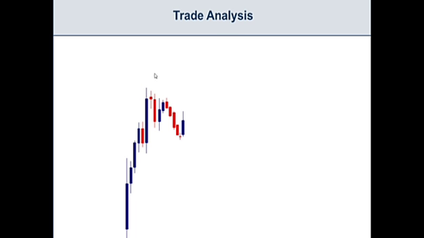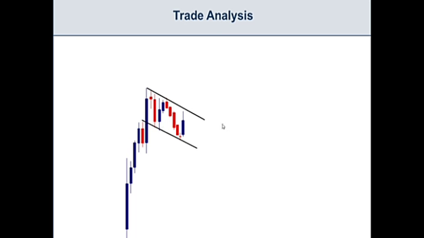Now let's go to a trade analysis or an example of a trade with a flag. Here we are in an up move. As you can see, we started at this low and we are now at this high. And we start to consolidate on the opposite side of the move. This is the flag.